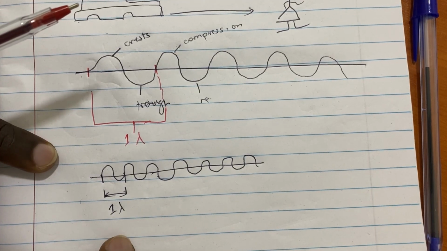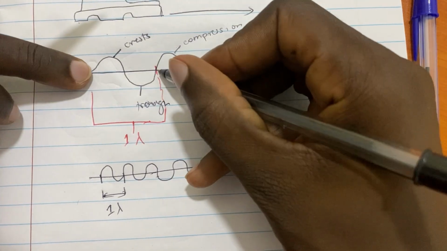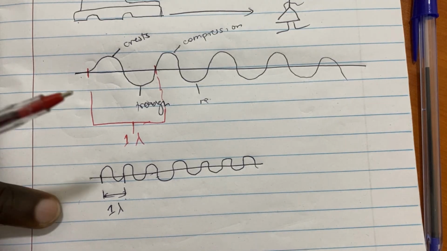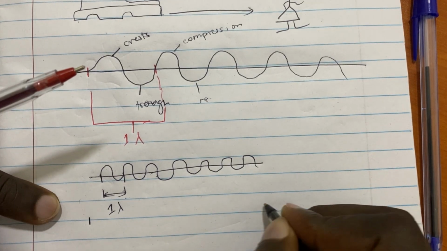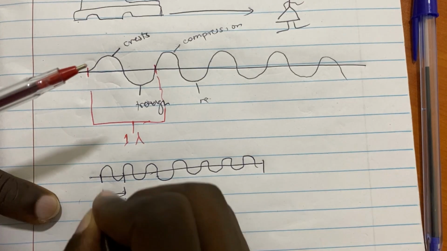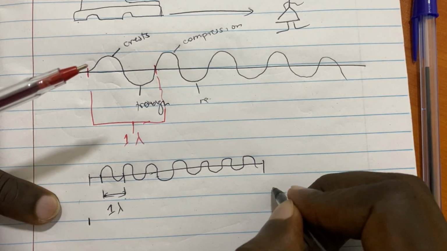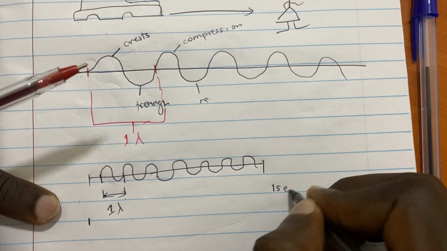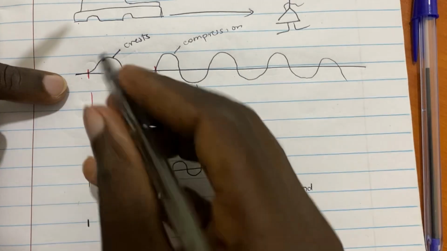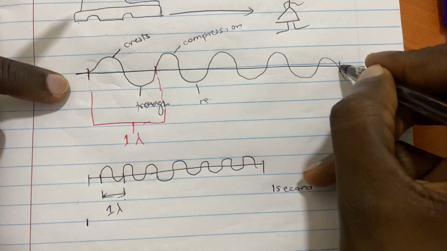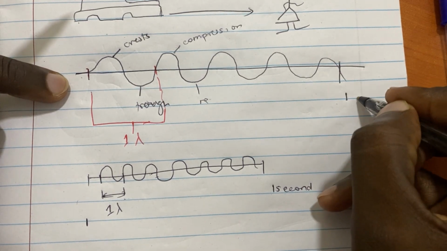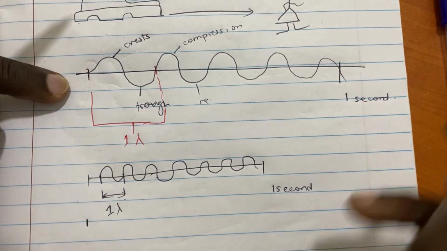Now suppose the time from here up to here is 1 second, and also the time from here up to here is 1 second.